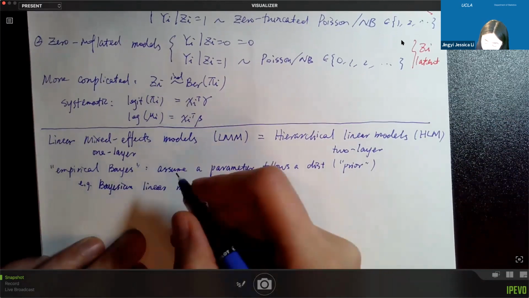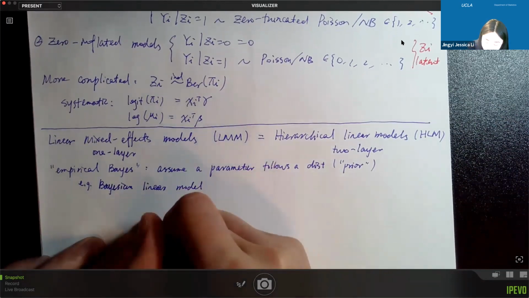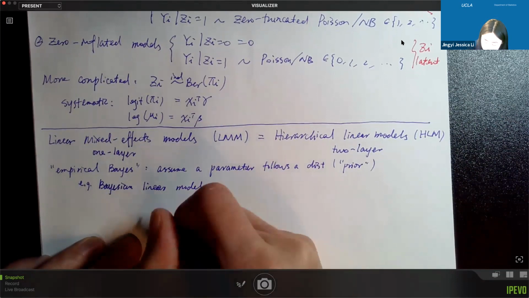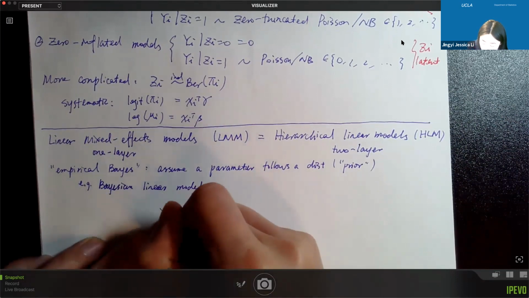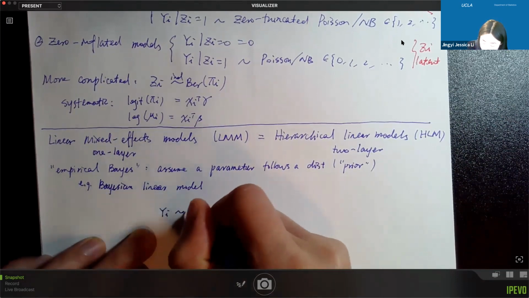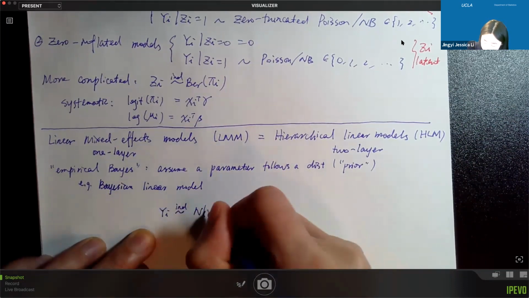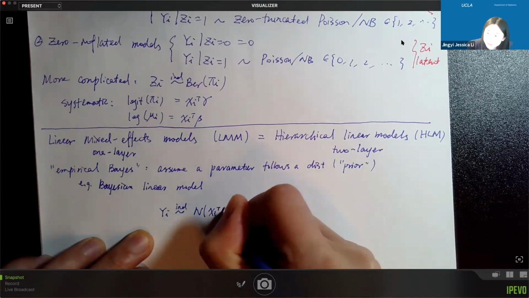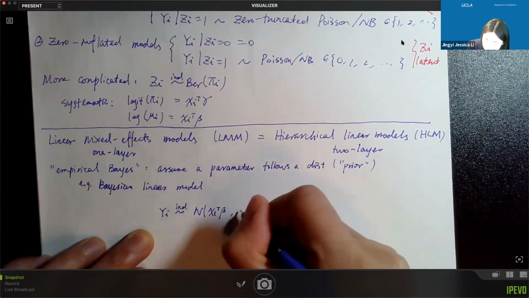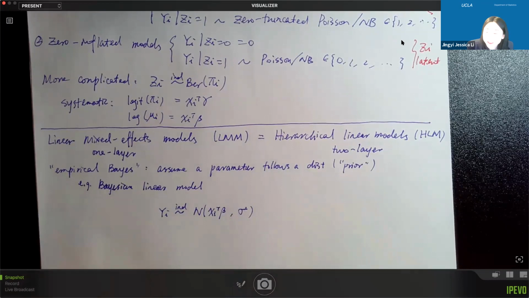So in a Bayesian linear model, the first layer or the bottom layer we have is this. Yi independently follows a normal distribution with mean xi transpose beta. That's the mean. And the variance sigma squared. That's what we have in our random structure, if you recall.